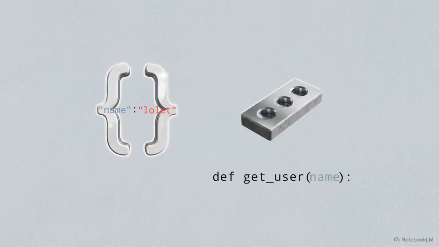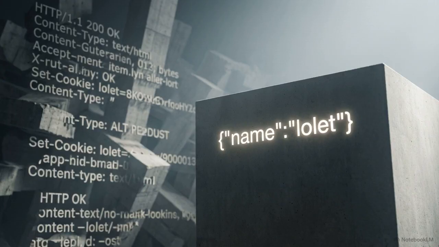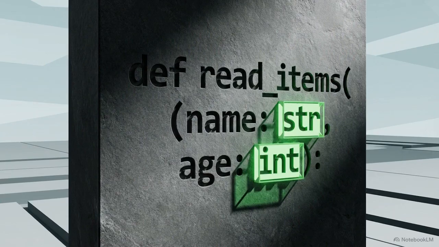This dictionary is passed directly into the Python function you wrote to handle the user route. The function receives a clean Python dictionary, meaning your logic never has to interact with the raw HTTP protocol or URL parsing.